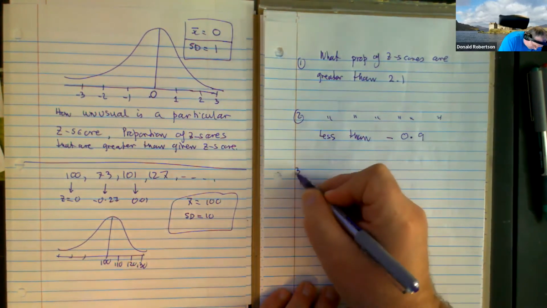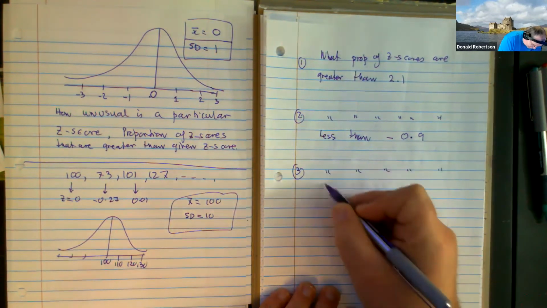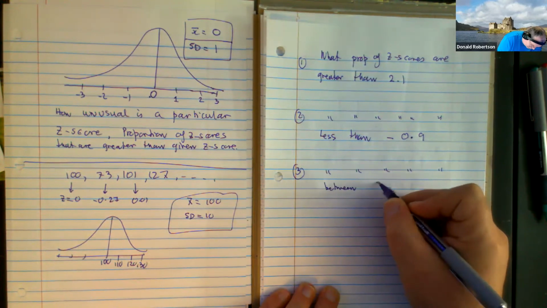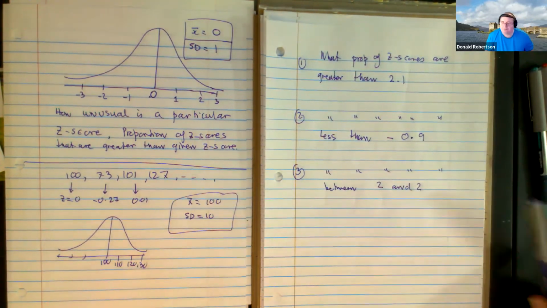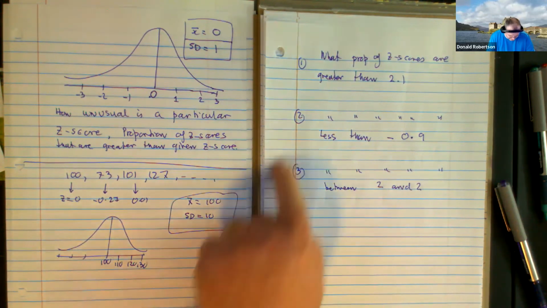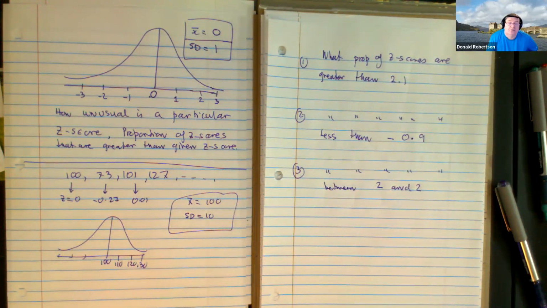And the third one is, what proportion of z-scores are between 2 and 3? Now, all of these and any other ones you could possibly want can all be done inside SALT.